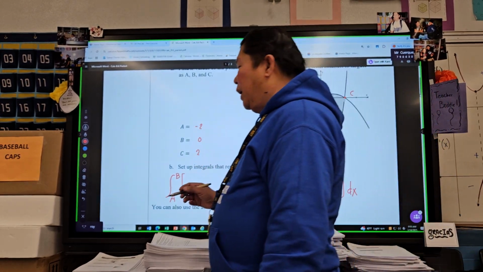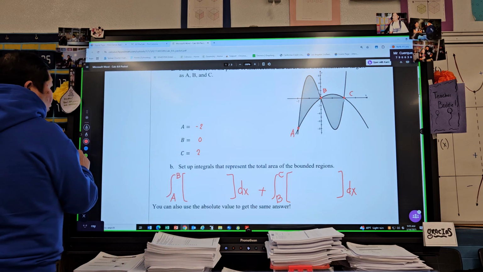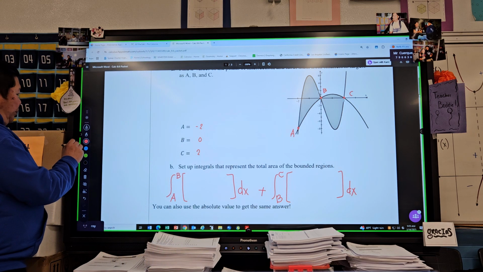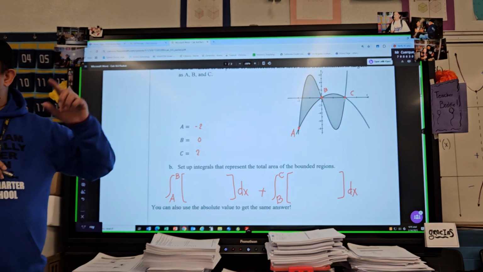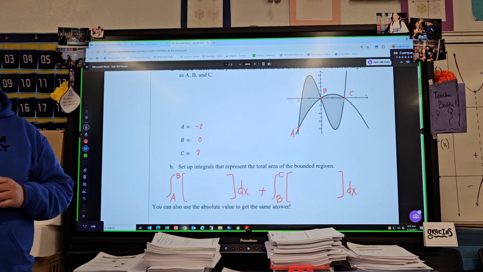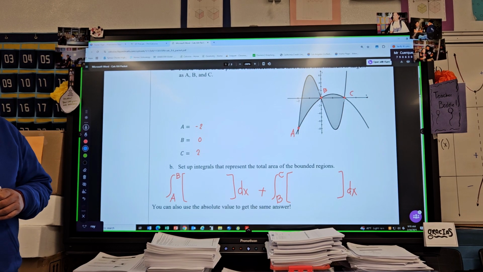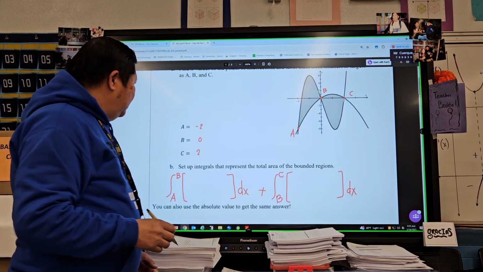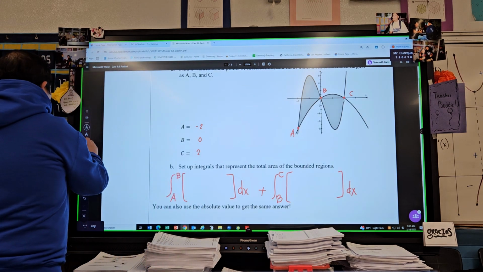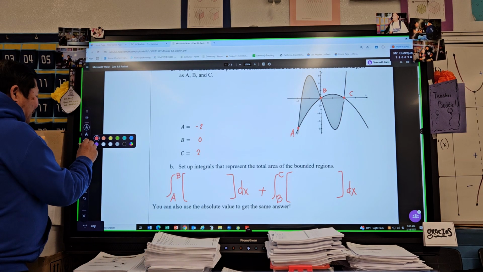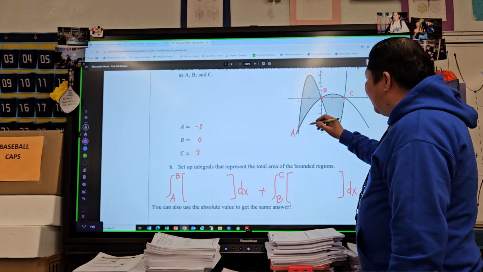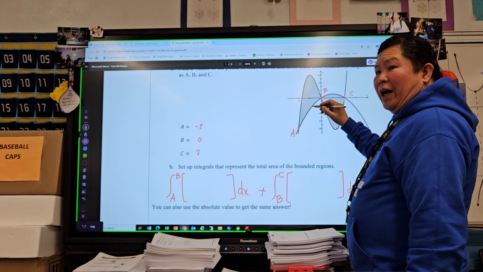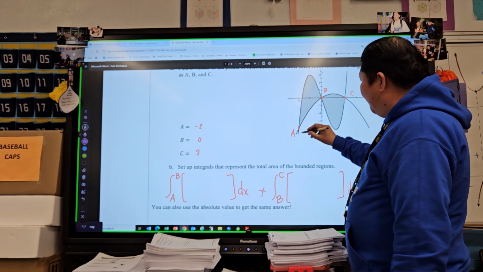Now, I'm gonna use a color. What color do you want me to use for the first function, the cubic function? Green? Blue? Blue, purple. Okay, purple. So the cubic function, I'm gonna color this as purple.